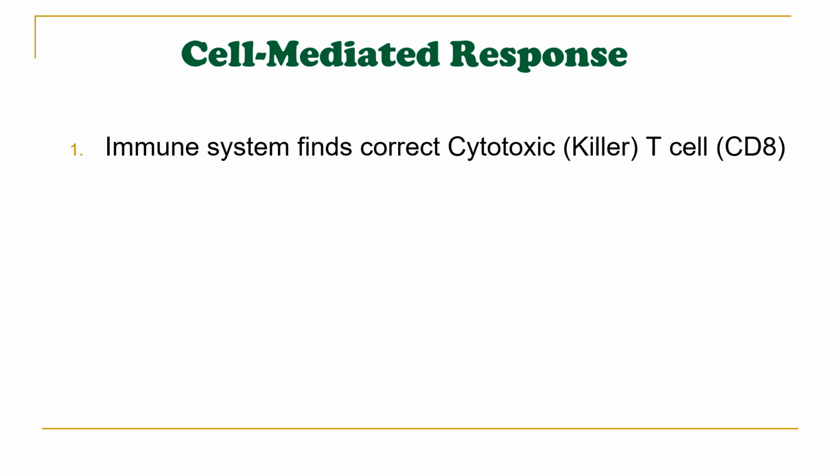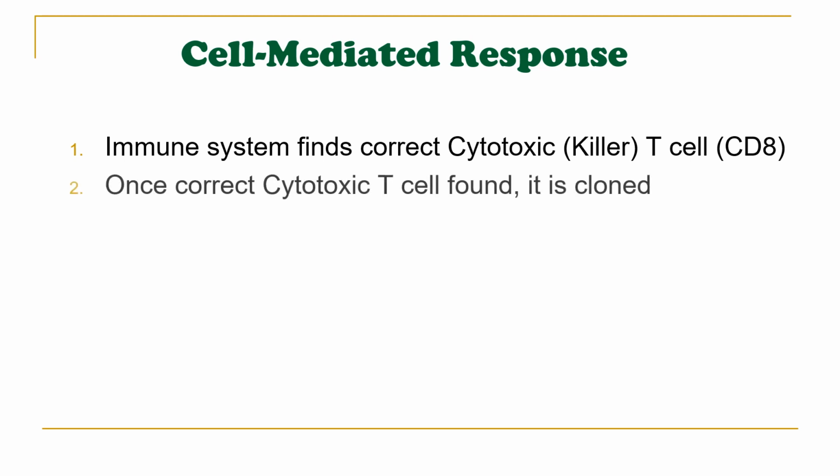Any cytotoxic T that it sees, it's going to show the antigen and say, hey, do you know this guy? Do you know this one? Do you know this one? It's going to do this across millions of cells until it finds the exact one cytotoxic T cell that can fight off the pathogen that relates to the antigen.